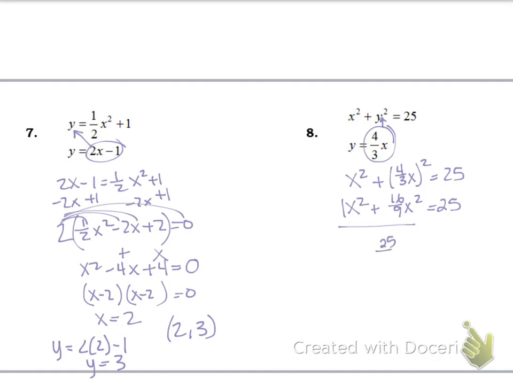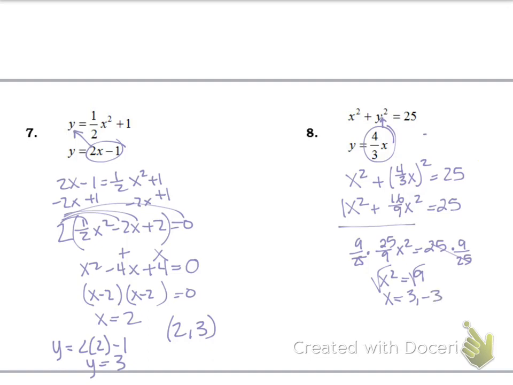And get 25 over 9x squared. Solving for x, we're going to multiply by its reciprocal. So I get x squared equals 9. Opposite of squaring is square rooting. So my answers are positive 3 and negative 3 that I'm going to have to plug in and find their y's.